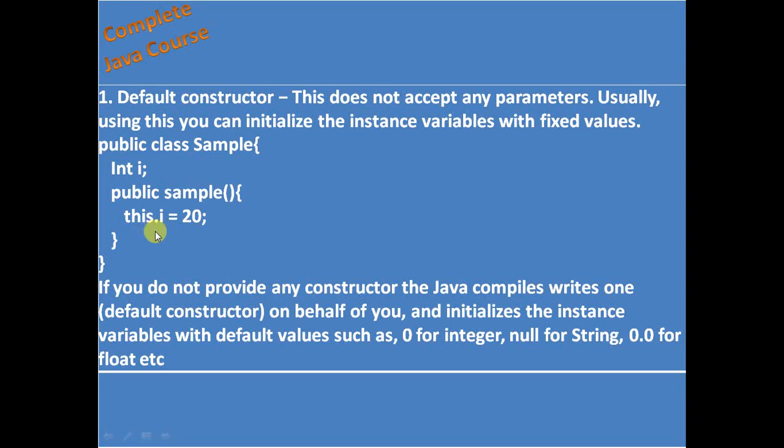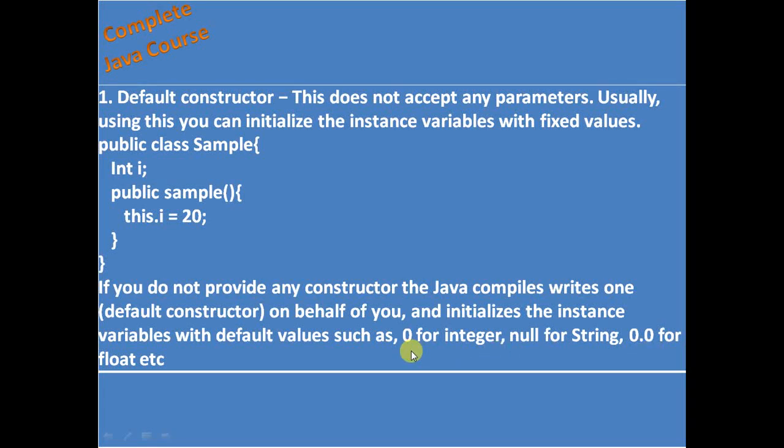We have learned about this and super in the previous video lecture. So for initializing i, we will use this.i and we are passing the value. If you do not provide any constructor, the Java compiler writes one default constructor on your behalf and initializes the instance variables with default values, such as 0 for integer, null for string, and 0.0 for float.